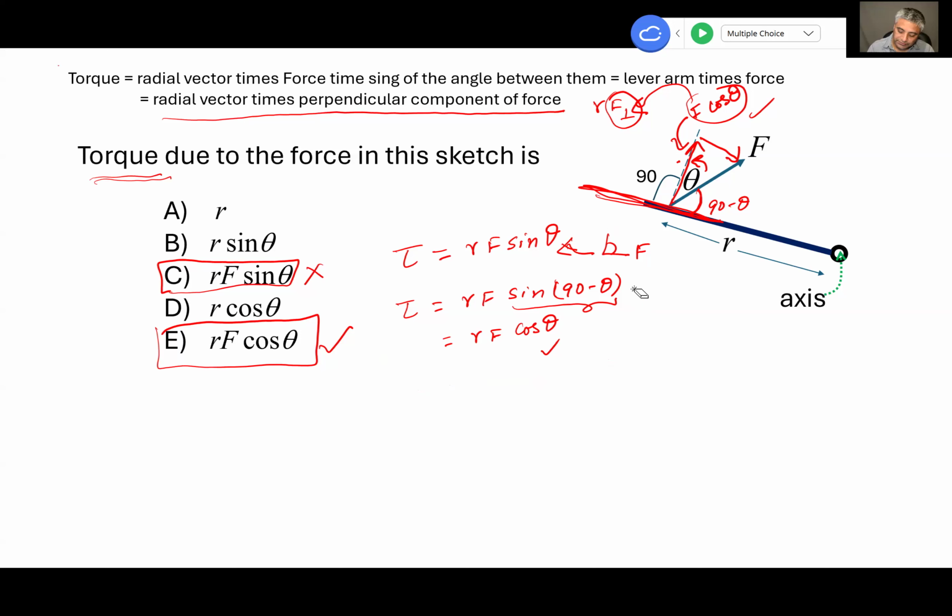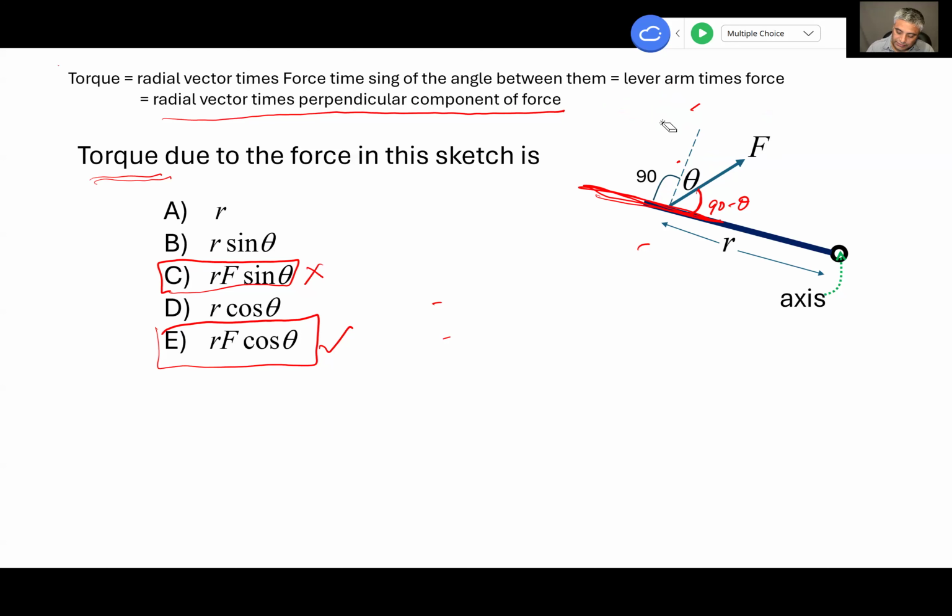And the third method is finding the lever arm. So let's do that one as well. For that, we have the axis of rotation marked already.